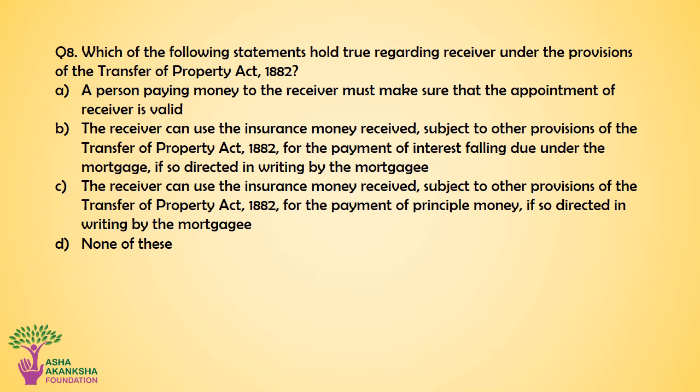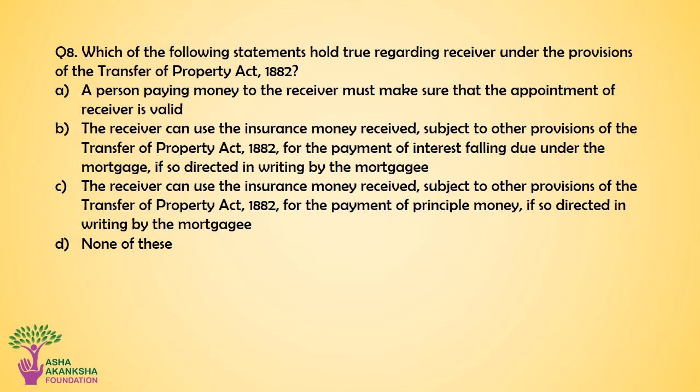Option B. The receiver can use the insurance money received subject to the other provisions of the Act for the payment of interest falling due under the mortgage if so directed in writing by the mortgagee. Option C. The receiver can use the insurance money received subject to the other provisions of the Act for the payment of principal money if so directed in writing by the mortgagee. Or option D. None of the above.